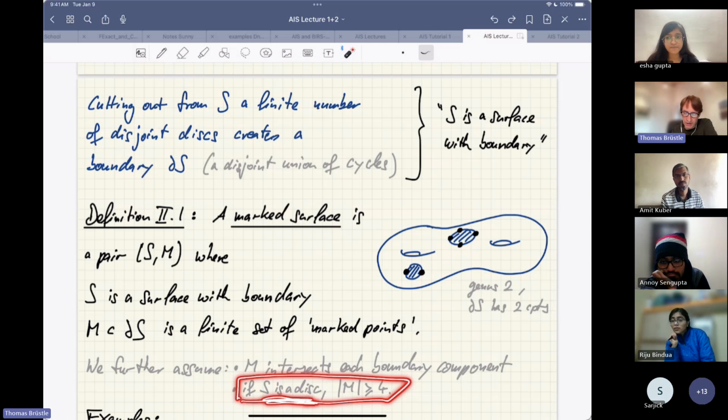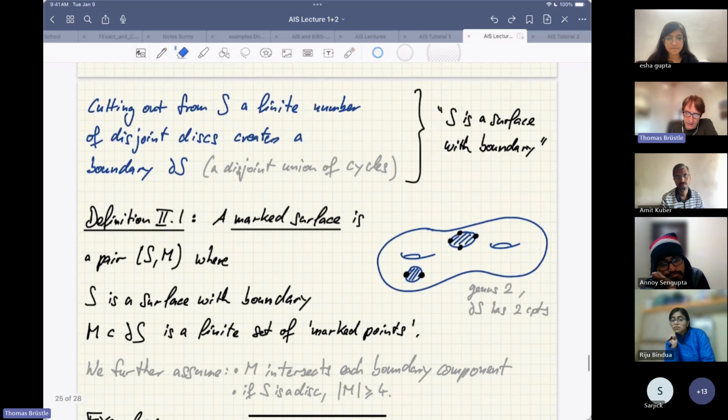If my surface were just a disk with only one point, then I could not find a triangulation of that surface. So in that particular case, I want to have at least 4 marked points. That's all. Good.